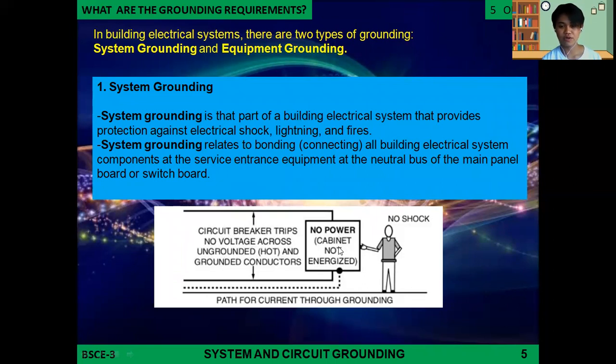Pag hinawakan mo yung ating mga appliances like refrigerator, pag meron tayong circuit breakers, neutralize na yung shocks na pwedeng mangyari pag grounded. Hindi tayo makukuryente. Yan ang advantage pag meron tayong system grounding.